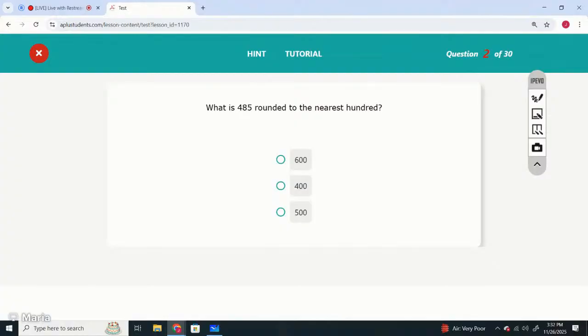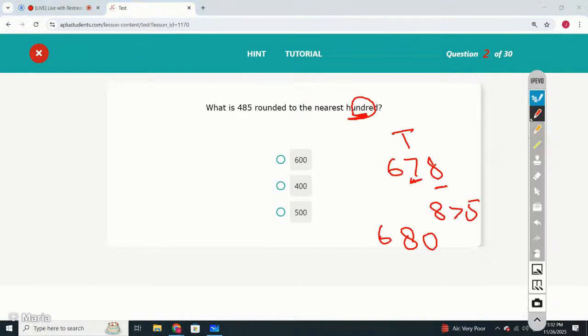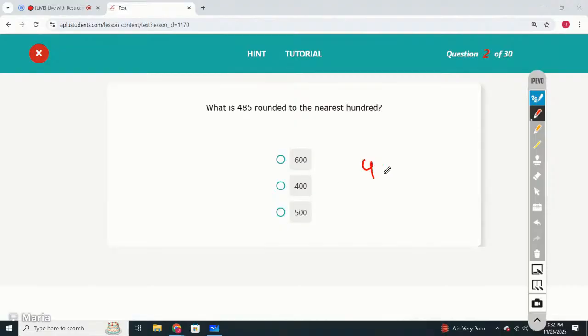What is 485 rounded to the nearest 100? You need to round off to the 100, right? 485. So 4 is the digit at the hundreds position. And on the right hand side, we have 8. You need to compare 8 to 5.